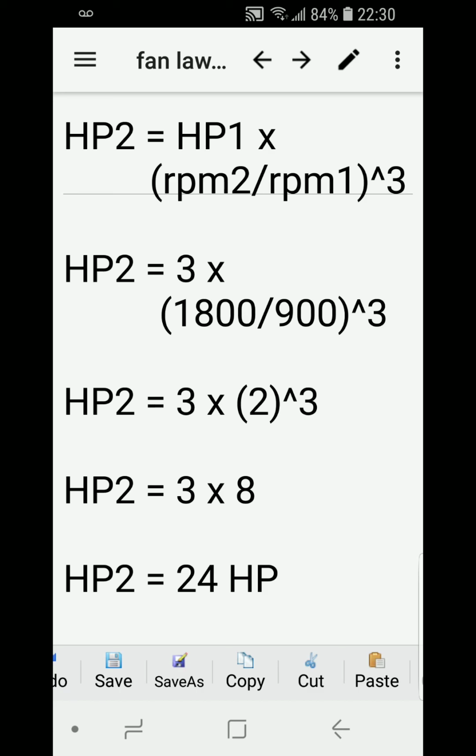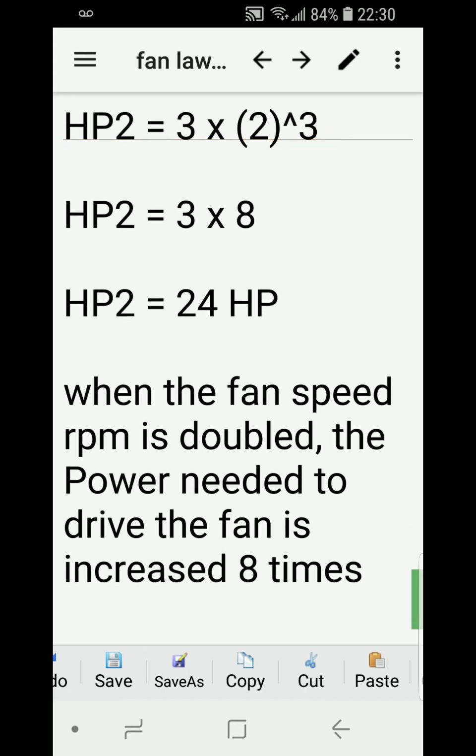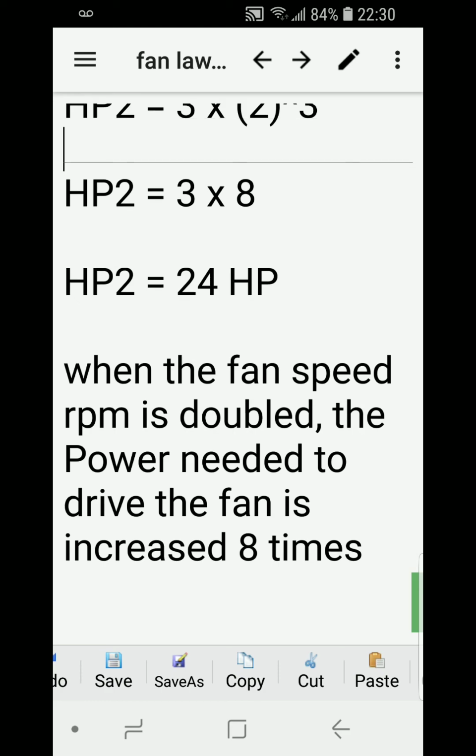So 24 is now 8 times the original horsepower of the motor that drives the fan. So the conclusion is when the fan speed RPM is doubled, the power needed to drive the fan is increased 8 times.